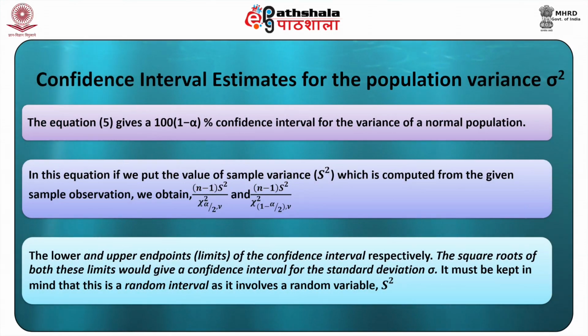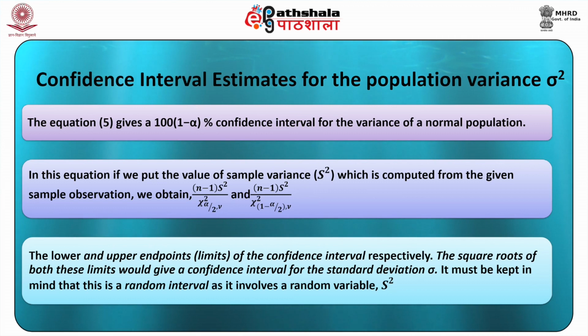So the equation 5 gives a 100 into 1 minus alpha percentage confidence interval for the variance of a normal population. In this equation, if we put the value of sample variance S square, which is computed from the given sample observation, we obtain n minus 1 into S square upon chi square alpha by 2 nu and n minus 1 S square upon chi square 1 minus alpha by 2 nu, defined as the lower and upper endpoints or limits of the confidence interval respectively.